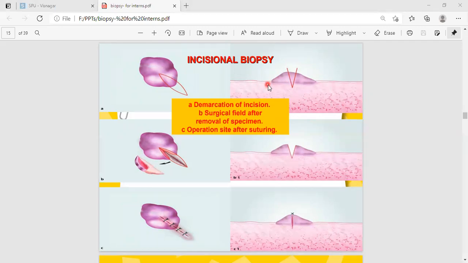So you can infiltrate around the tissue, but don't infiltrate where you are going to take the biopsy. So do the incisional biopsy. It should include the normal tissue also. Then suture it.